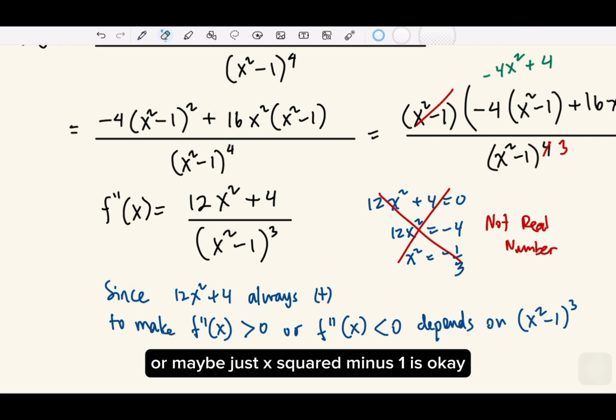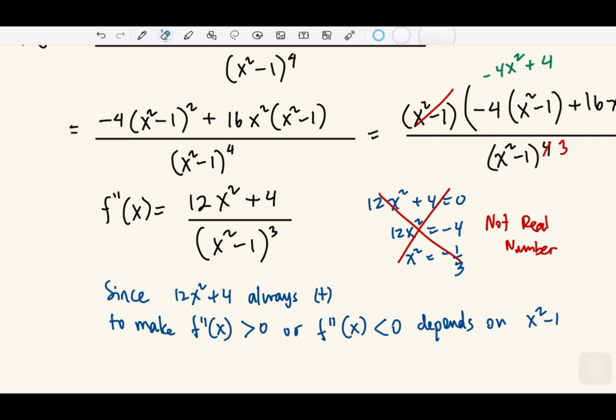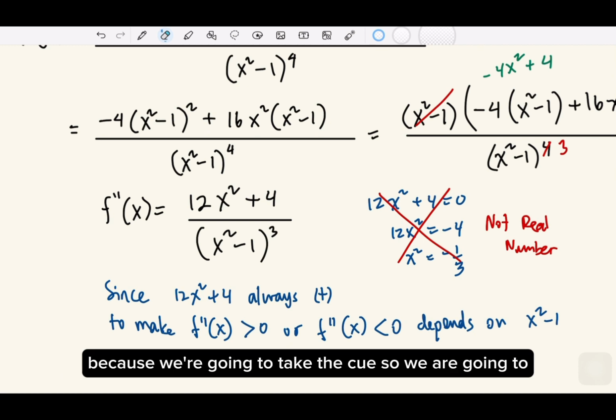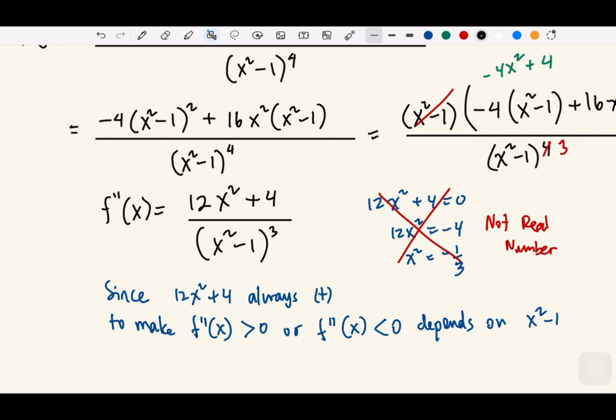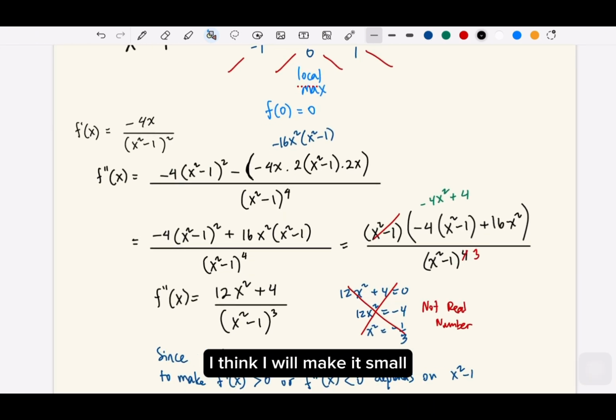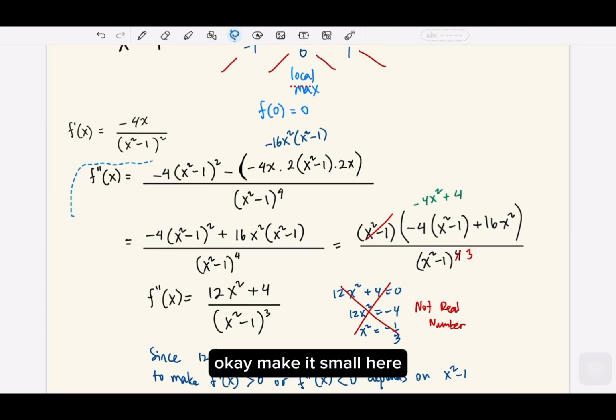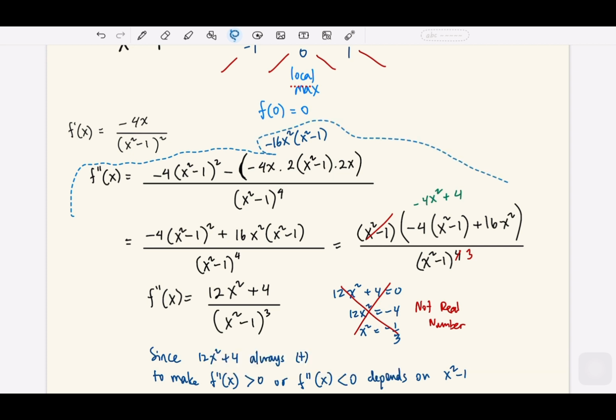Or maybe just x squared minus 1 is okay, because we are going to take the cube. So I think I will make it small here.